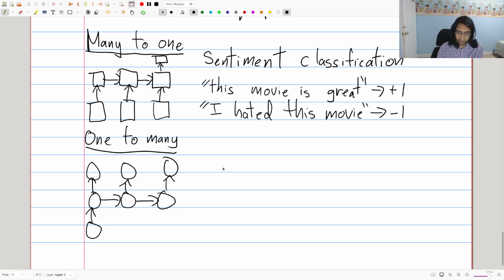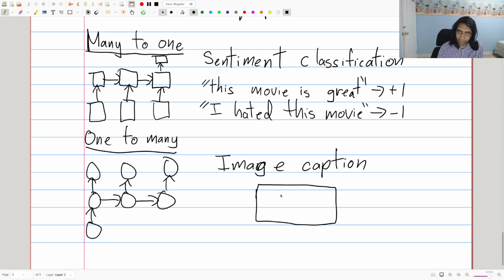An example is image captioning. Let's say here's a picture and you draw something like this, and maybe this is supposed to be a cat of some sort. And you feed this into the neural network.